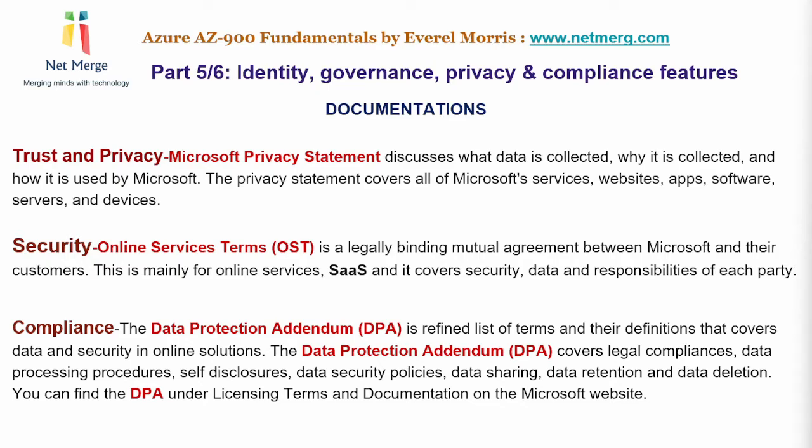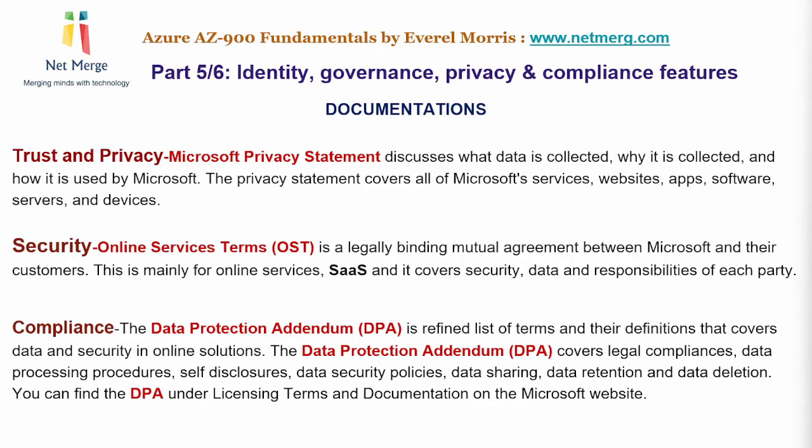Now let's take a look at compliance, which is really what we're talking about in general. The Data Protection Addendum (DPA) is a refined list of terms and their definitions that covers data and security in online solutions. So the Data Protection Addendum covers legal compliances, data processing procedures, what you're supposed to do for certain data, self-disclosures that Microsoft is disclosing as part of their integrity and trust, data security policies, data sharing.